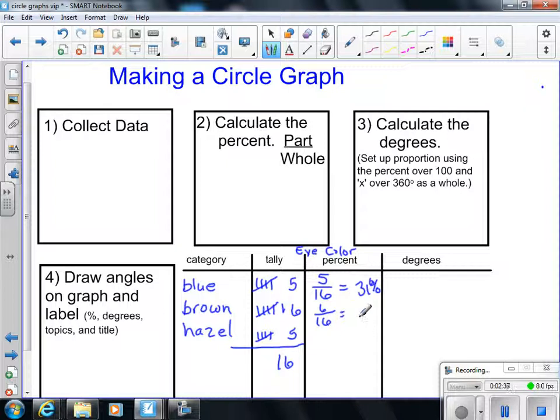You get 0.375, which is about 38%. And then we have another 5 out of 16, which is 31%.